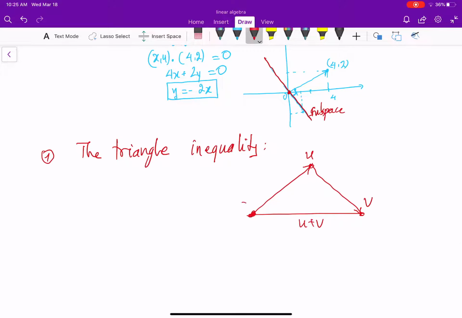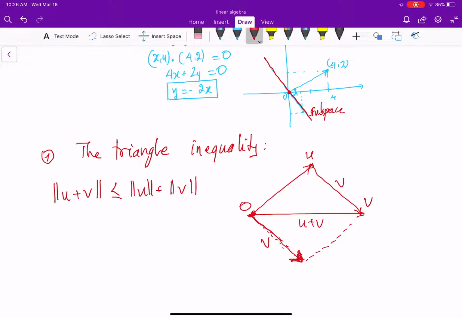If this is the origin, so the v looks like this, we have the parallelogram law, and the sum of u and v is just the diagonal. It says the length of the diagonal is less than or equal to the length of u plus the length of v. That's obvious.